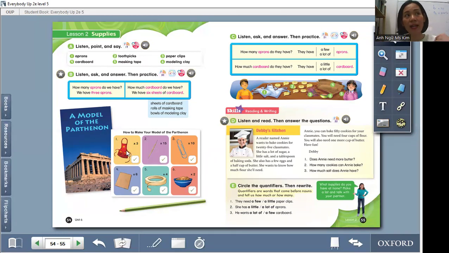Because I am teaching in Vietnamese, I can use Vietnamese to explain, but explaining in English is a little hard for her. You can also use the dictionary if necessary to teach the kids.